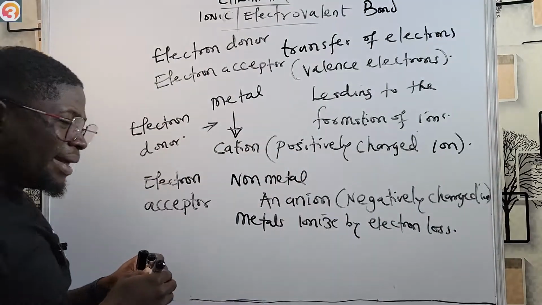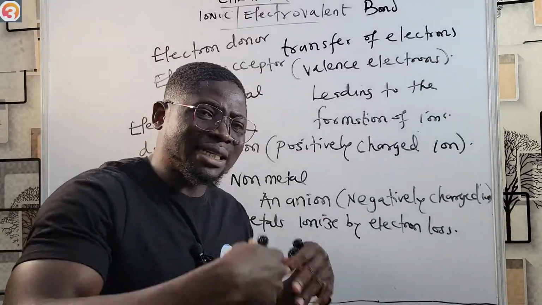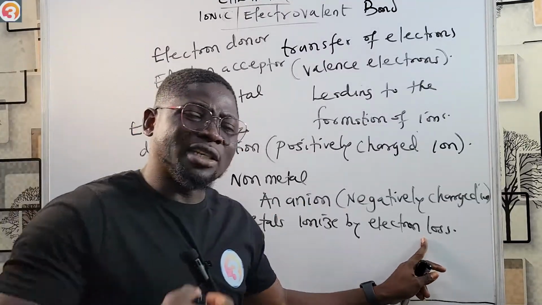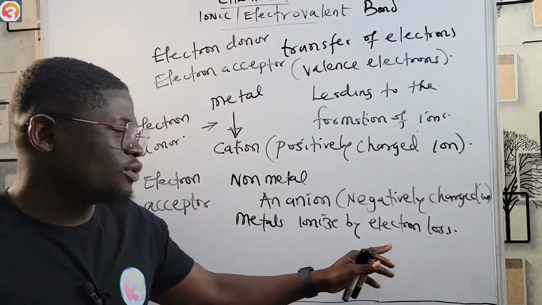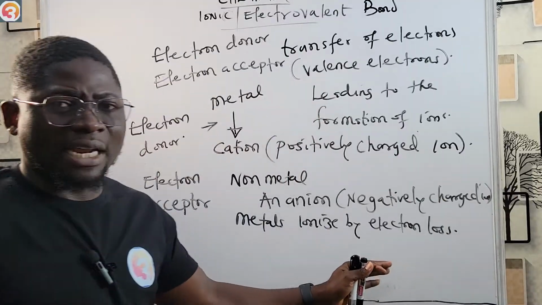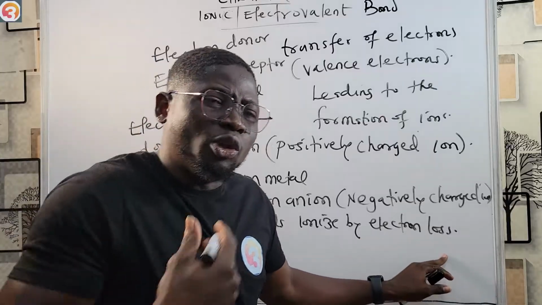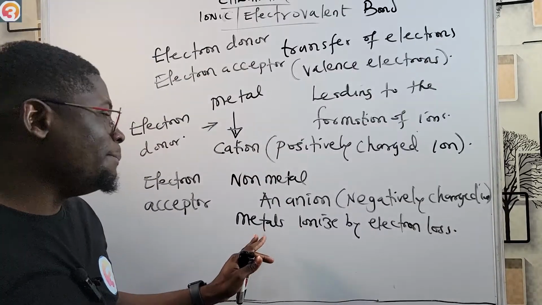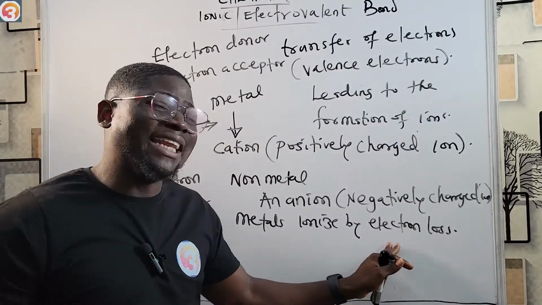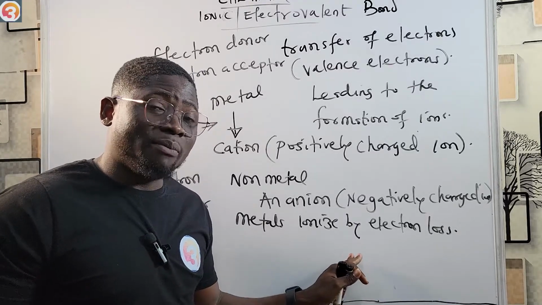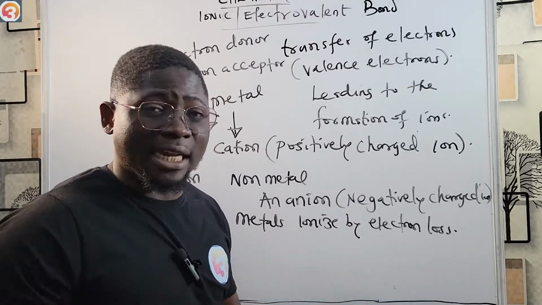So a metal becomes an ion when it loses electrons, when it gives electrons to another atom. That's why we say metals ionize by electron loss. You must know this. Metals ionize by losing electrons.